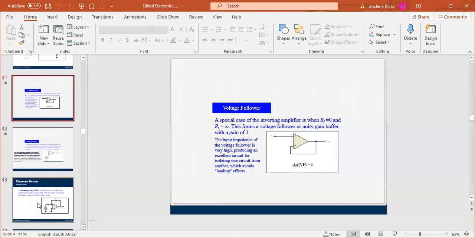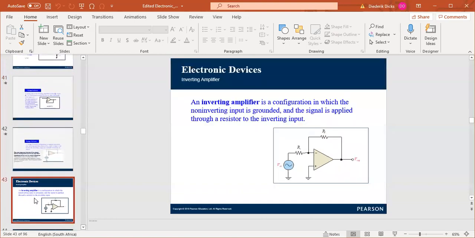Looking at slides 43 and 44 is the inverting amplifier. Again, inverting is the configuration in which the non-inverting input is grounded and the signal is applied through the resistor on the inverting input. Here you can see my input signal is applied on the inverting input side. What do we say here?